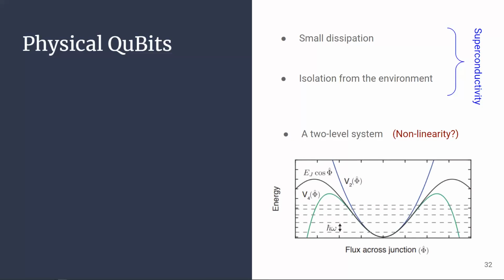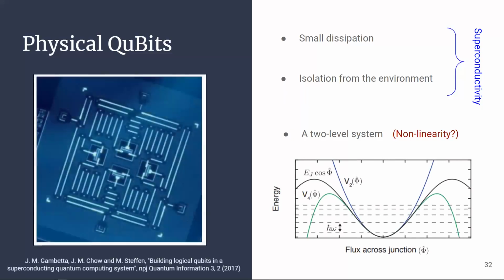Here we see a photograph from IBM. This photo they shared consists of 4 quantum bits, 4 quantum buses and 4 readout resonators. The quantum bus is not important to us.